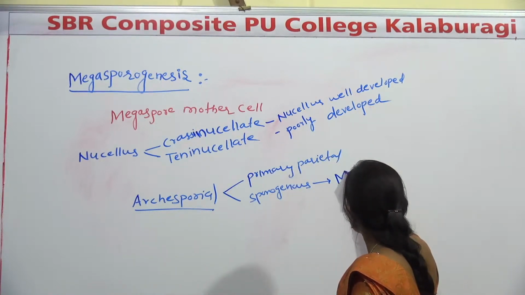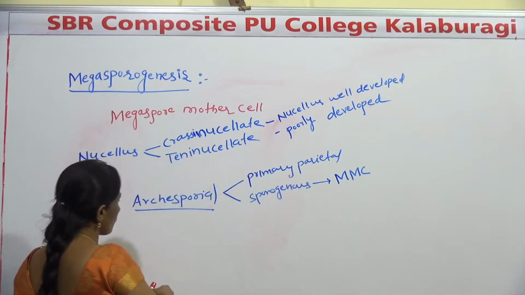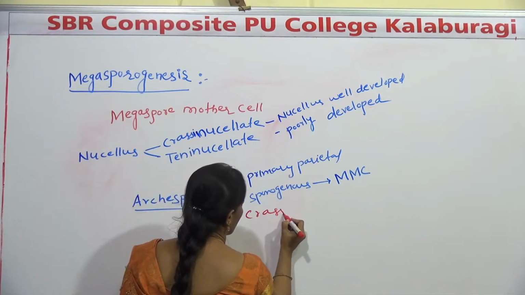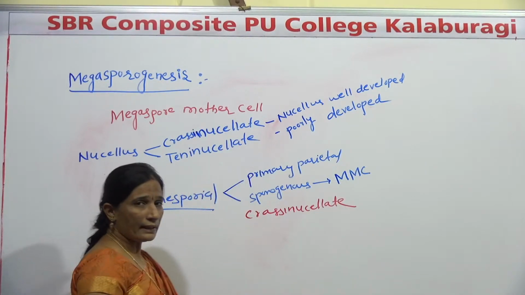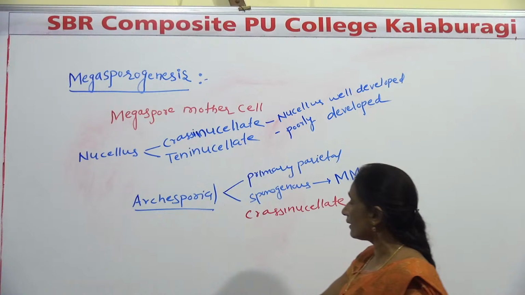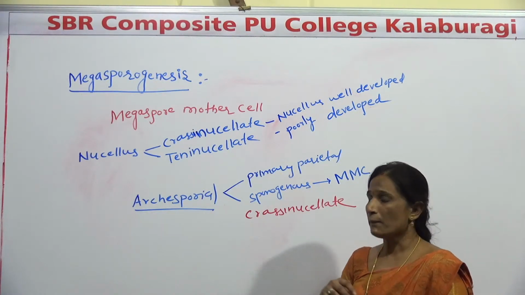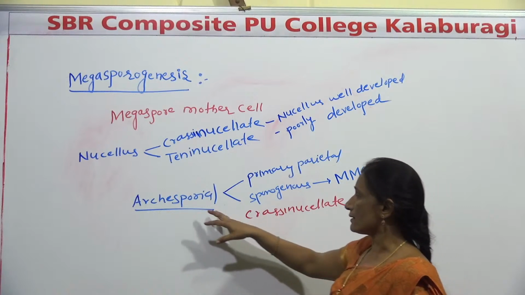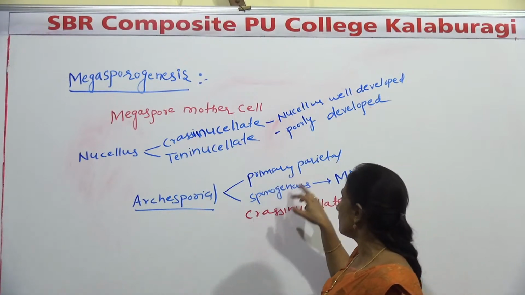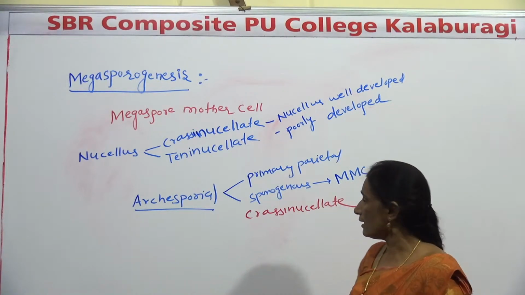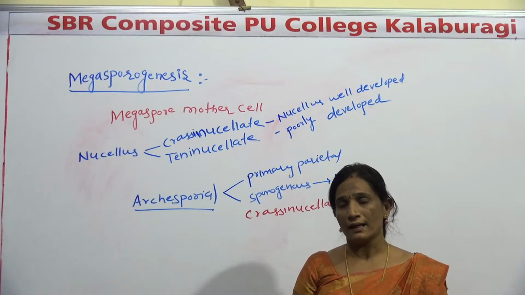It develops the megaspore mother cell in the case of crassinucellate. So the hypodermal nucellus cell present near the micropylar end functions as the archesporial cell, which divides periclinally to form two cells, the primary parietal as well as the sporogenous cell. That sporogenous cell functions as the megaspore mother cell.